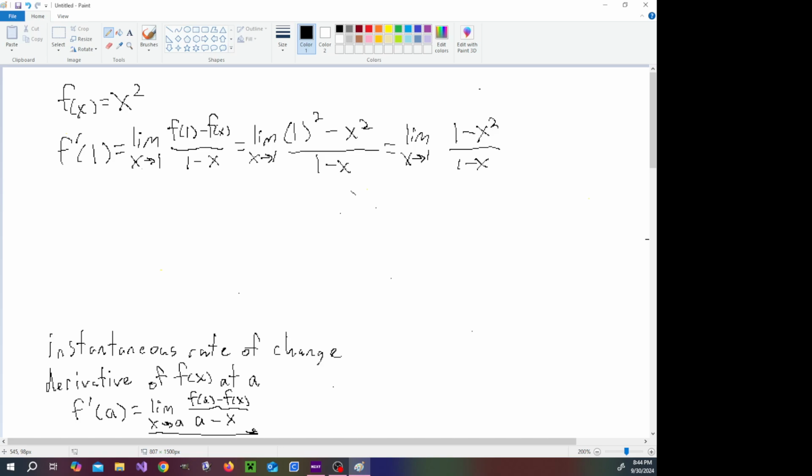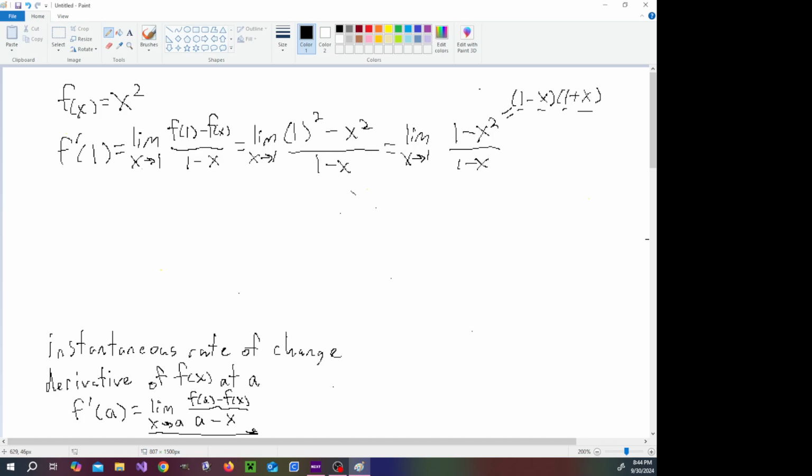Now we notice these look a lot alike, and it turns out 1 minus x squared can be factored as 1 minus x times 1 plus x. This is a difference of squares because x squared is x times x, and 1 is 1 times 1.